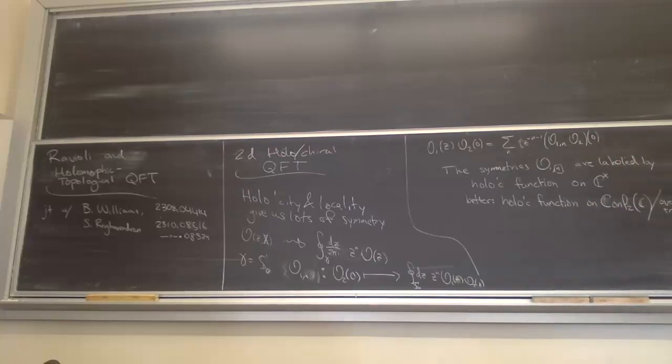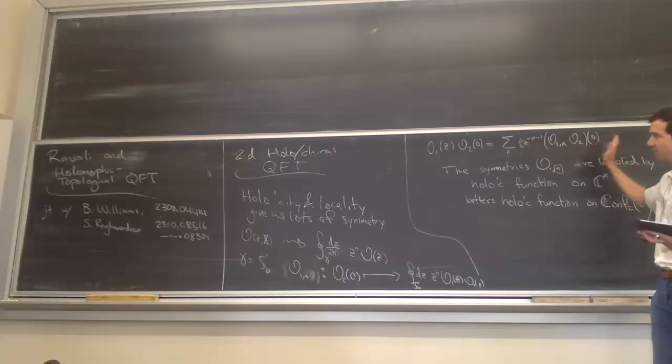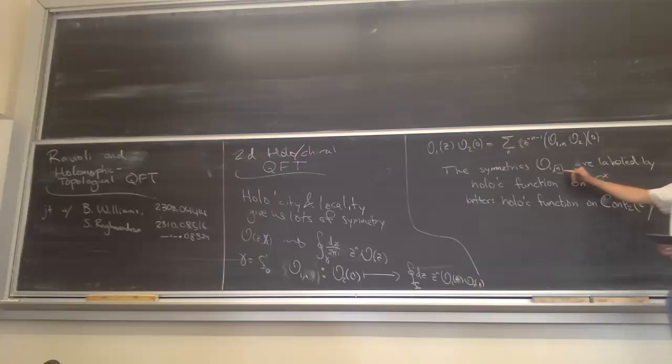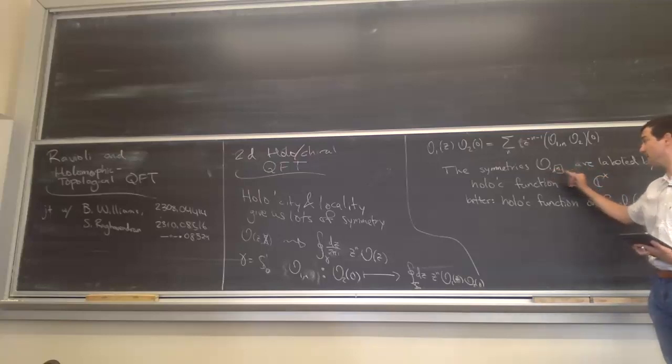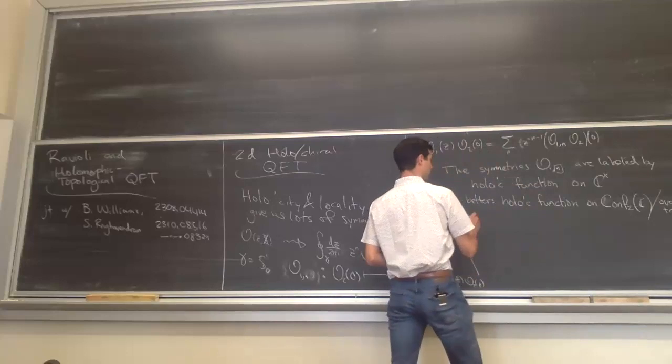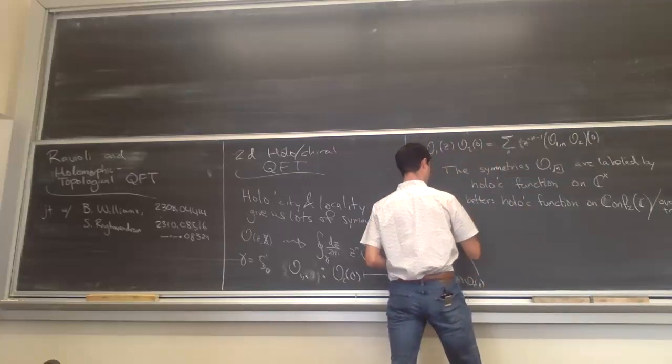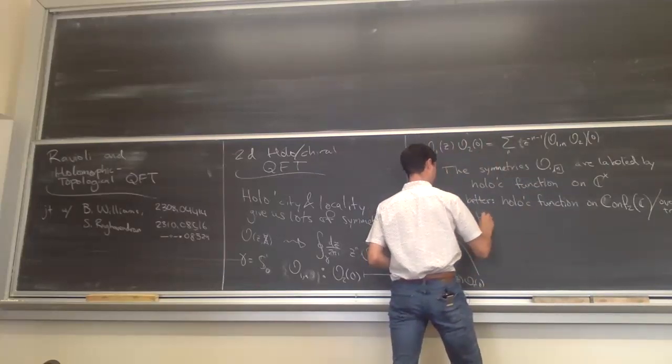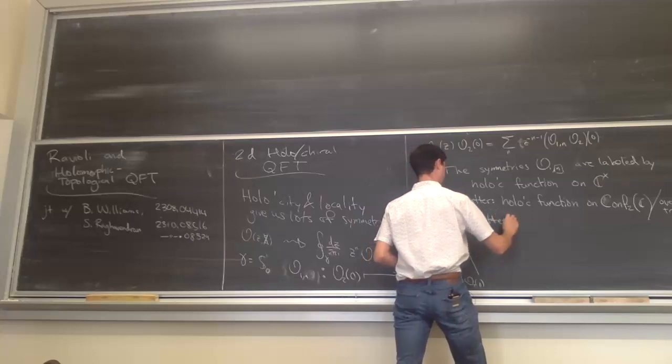So my quantum field theory is translation invariant. It didn't really matter that I put my operator at 0. I could put it at any point w. And these linear operators, these O1n's, are labeled by holomorphic functions on this configuration space of points on my spacetime. But of course, we can do yet better.